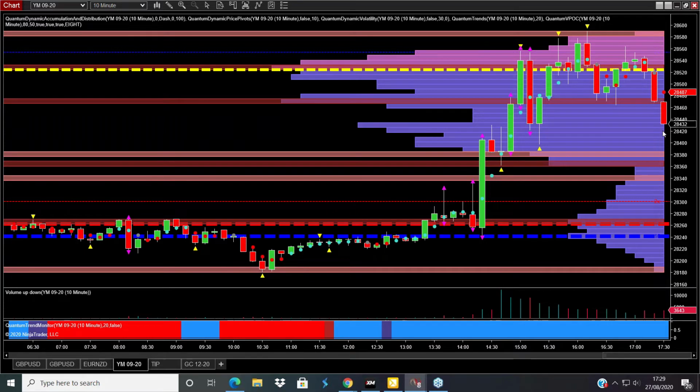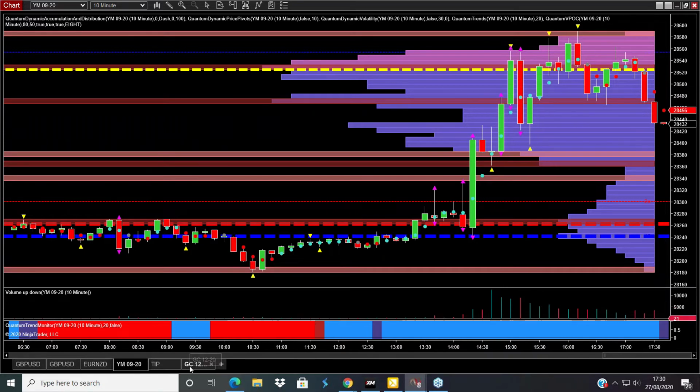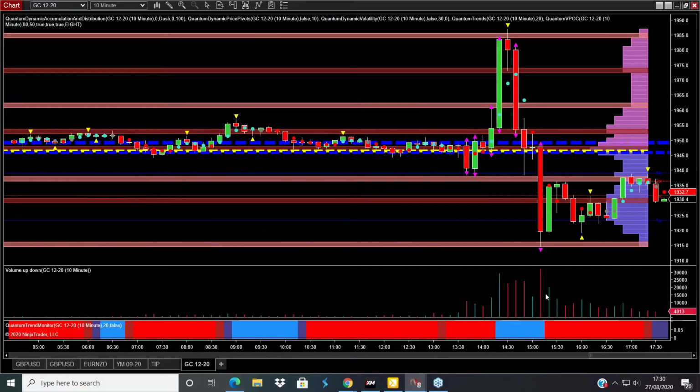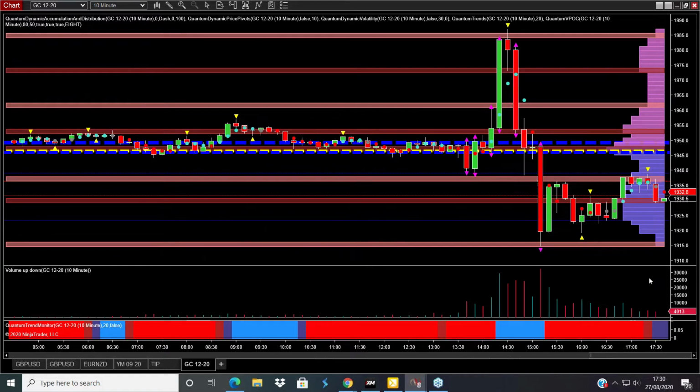And gold, which has always been the one instrument where people have been rushing into gold on the fear of inflation and what the Fed is going to do. They want to drive inflation into the economy beyond, not just at 2%, but beyond 2%. In fact, gold actually fell, as we can see here. This is the 10-minute chart, and you think, well, why did that happen?